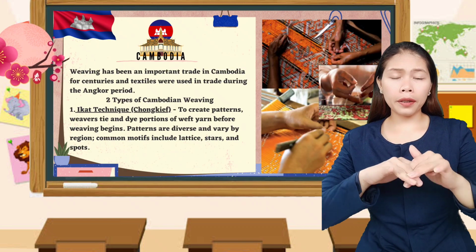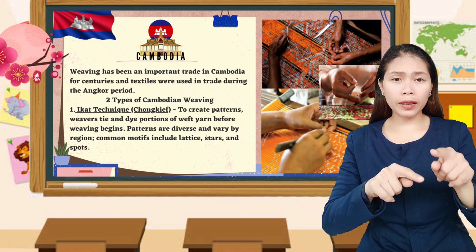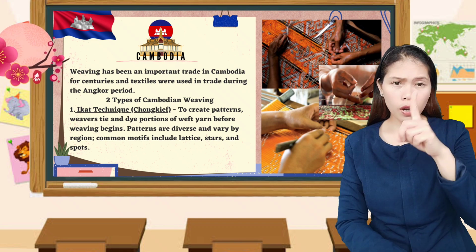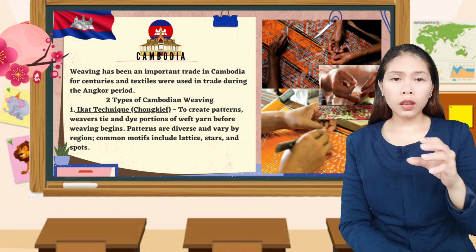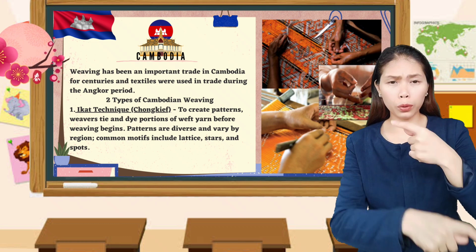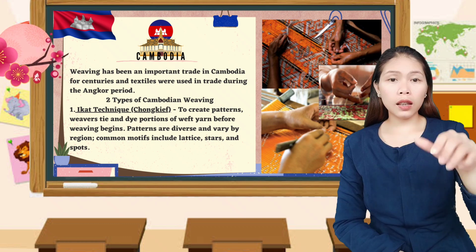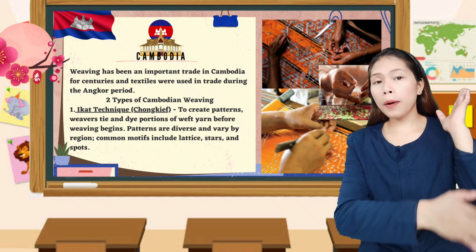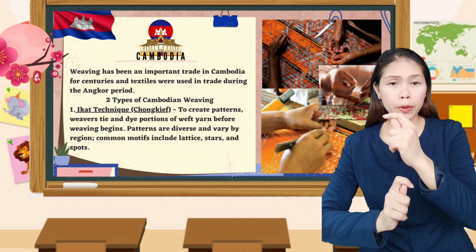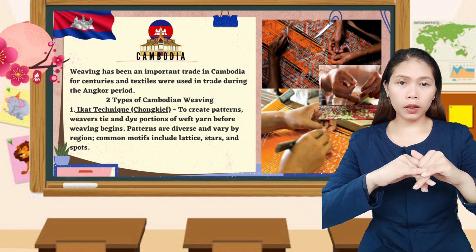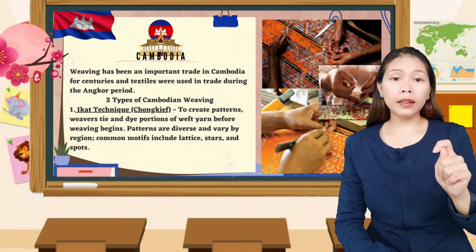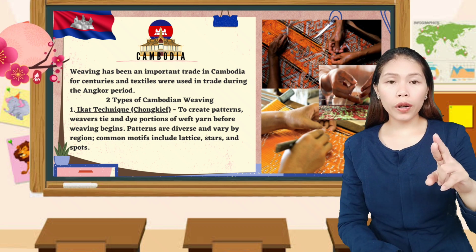Cambodia. Weaving has been an important trade in Cambodia for centuries, and textiles were used in trade during the Angkor period. They had two types of Cambodian weaving. Number 1. Ikat technique.